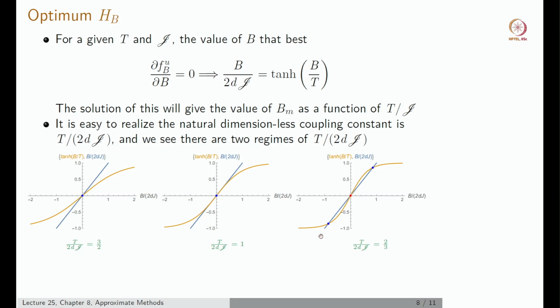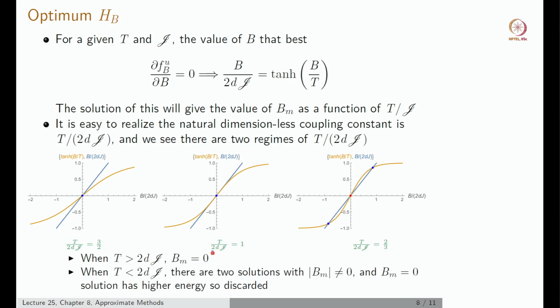The magnitudes of these two quantities will be the same. And if you analyze the set of equations that you have and all the related information that's available to you, you will find that these two are minima of F, and this point at B equal to 0 is a maximum, local maximum if you wish. Okay. So when T is greater than 2dJ, summary of what I just discussed, Bm is equal to 0.